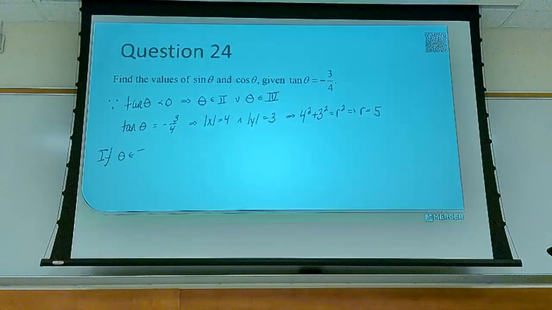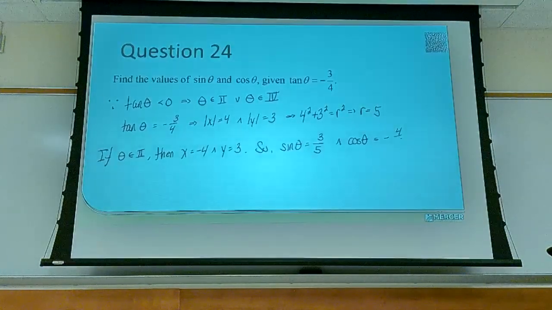If we're in quadrant 2, is x positive or negative? Negative. And what about y? Positive. So it's just like that last question, plus or minus. Sine would be 3/5, cosine would be negative 4/5.